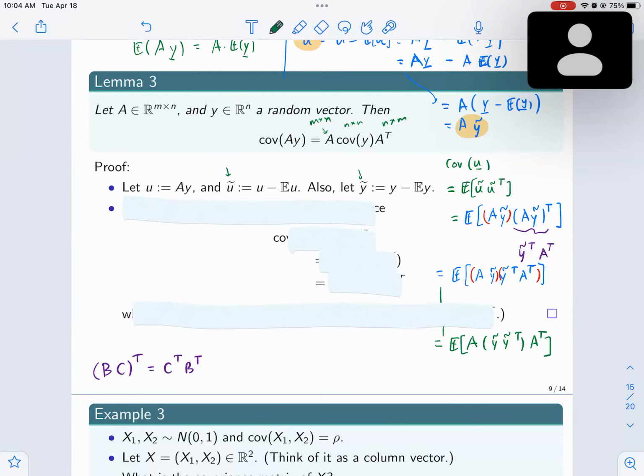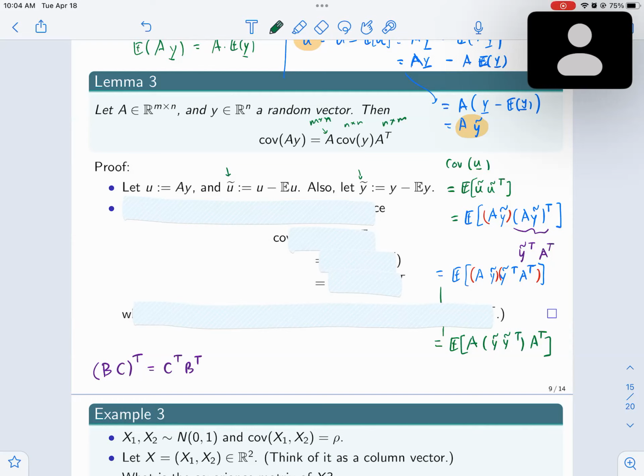This is still valid because I haven't changed the order, I just removed parentheses and put them here. You don't necessarily need parentheses, but what I'm saying is first multiply this part, and then you get three matrices, and you can multiply them in whatever order you want.